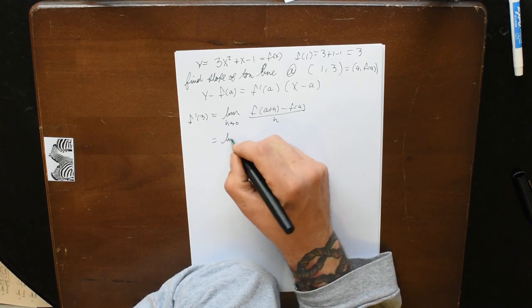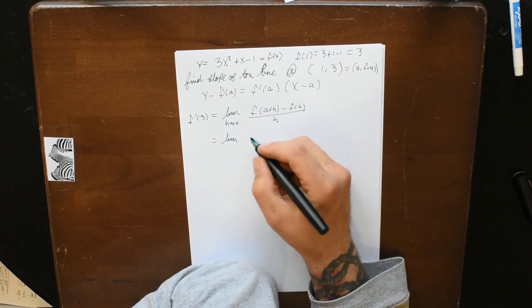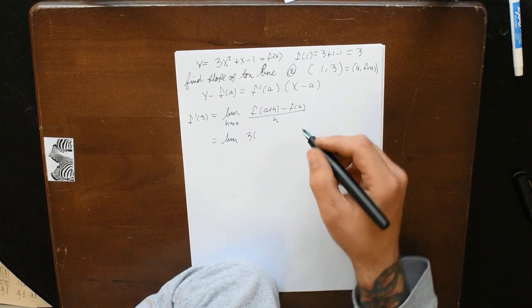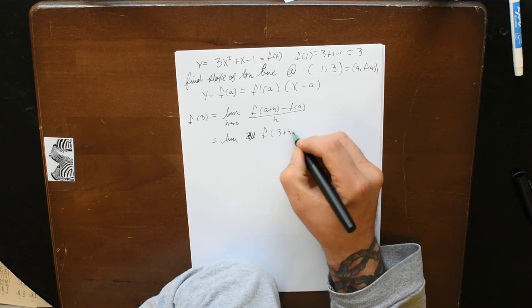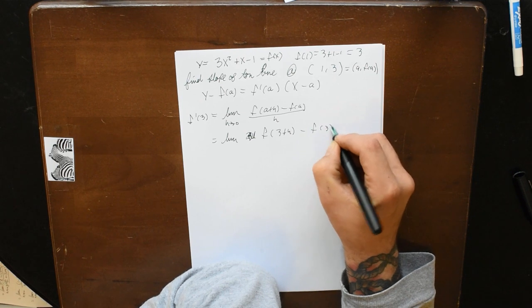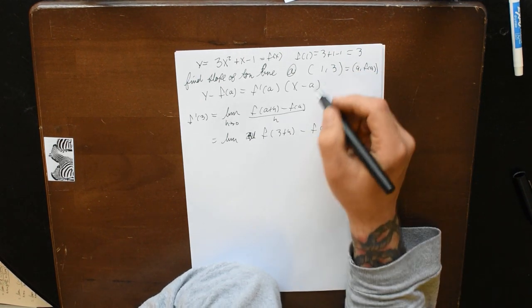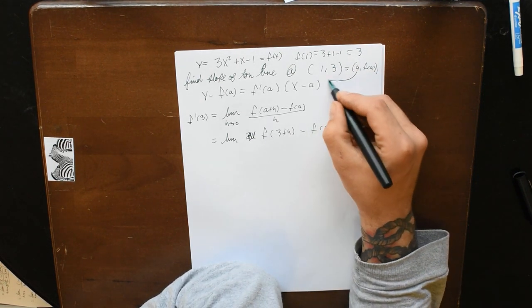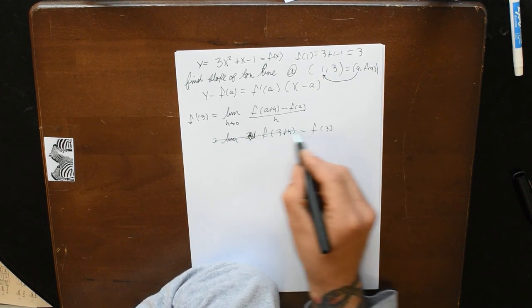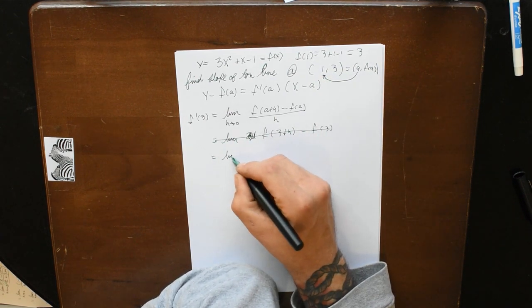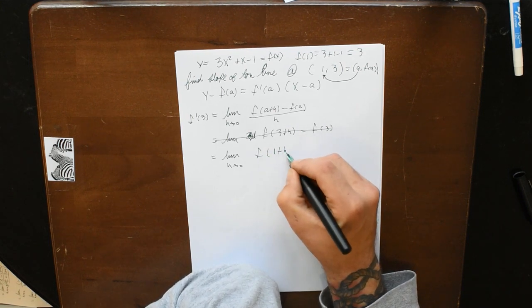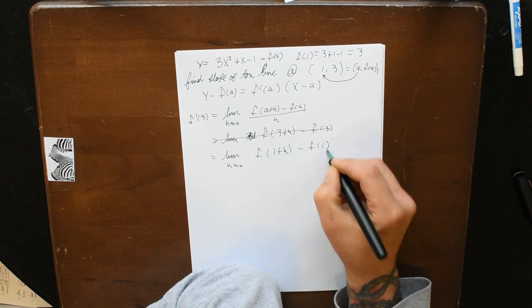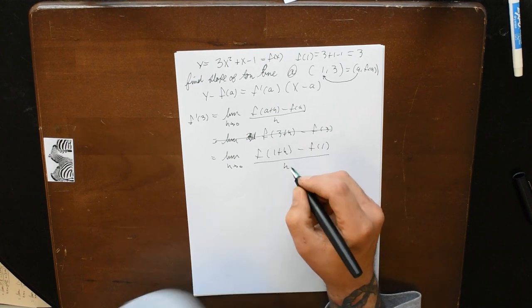A is 1, so the limit as h goes to 0 of f of 1 plus h minus f of 1, all over h.